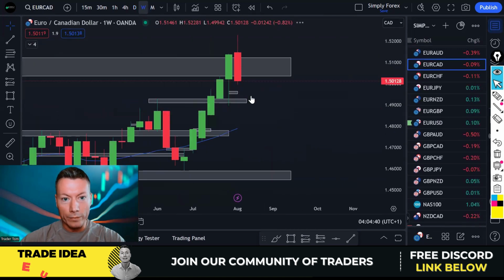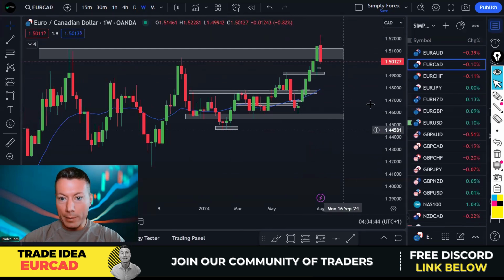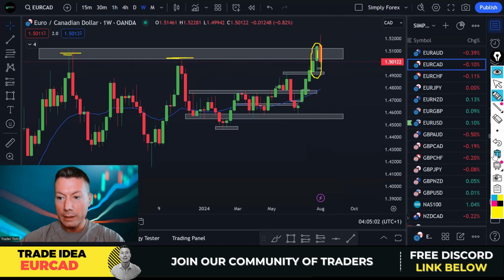We're going to start with the weekly chart because I wanted to show you this weekly candle. This big green bullish weekly candle broke these highs. It broke this resistance level with a big bullish candle. You can clearly see that, guys.